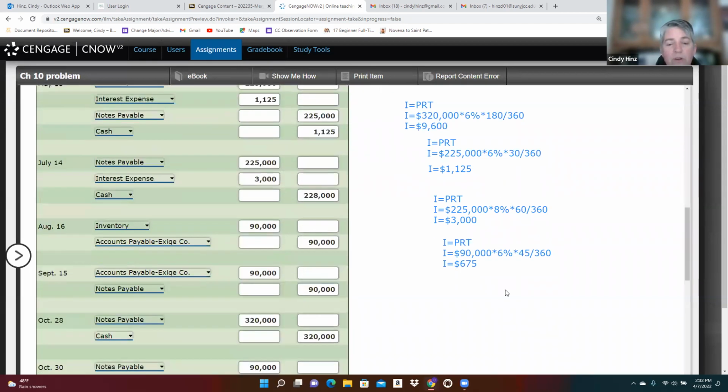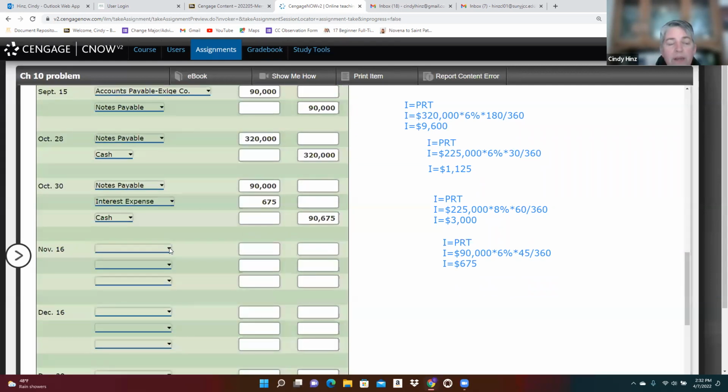So let's go to our journal entry and think about what happened. On November 16th, we bought some equipment, and the full value of the equipment was $450,000. We made a down payment and issued a series of notes for the rest of the balance. 20 notes at $20,000 each is a total of $400,000.